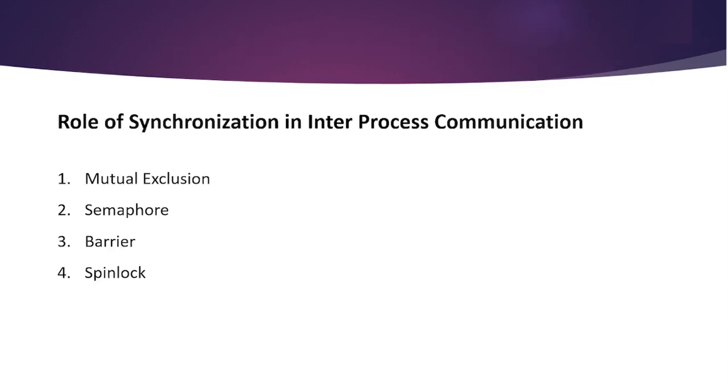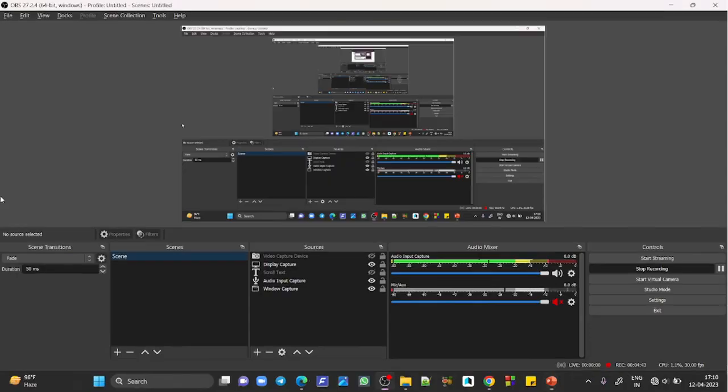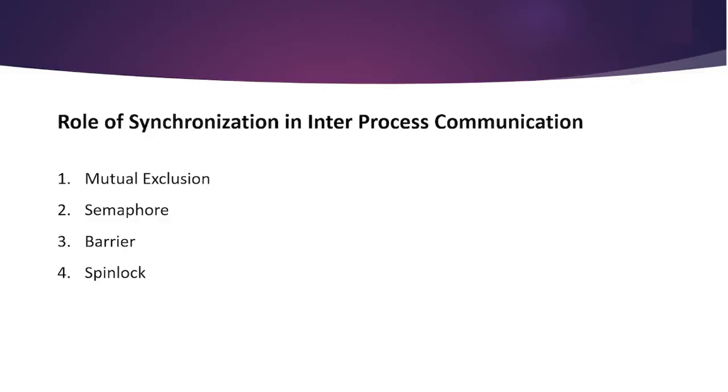The first is semaphores. What is the meaning of semaphores? Semaphores are a signaling mechanism technique. This operating system method either allows or disallows access to the resources, depending on how it is set up.